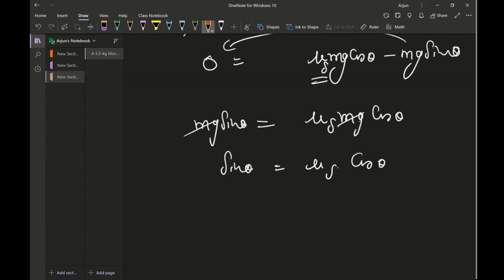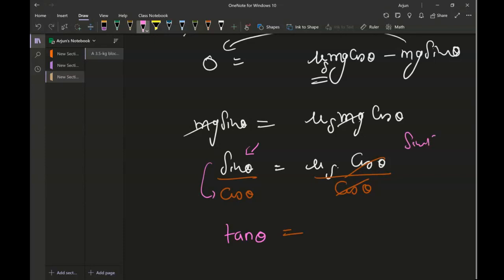Otherwise, I can keep on solving this, I can divide by cos theta. Once you divide sine theta by cos theta, that comes out to be tangent theta. If you don't know how I got to this tangent theta, you can just put in sine of 15 degrees equal to mu cos of 15 degrees and solve it simply. That's going to give you the answer too.